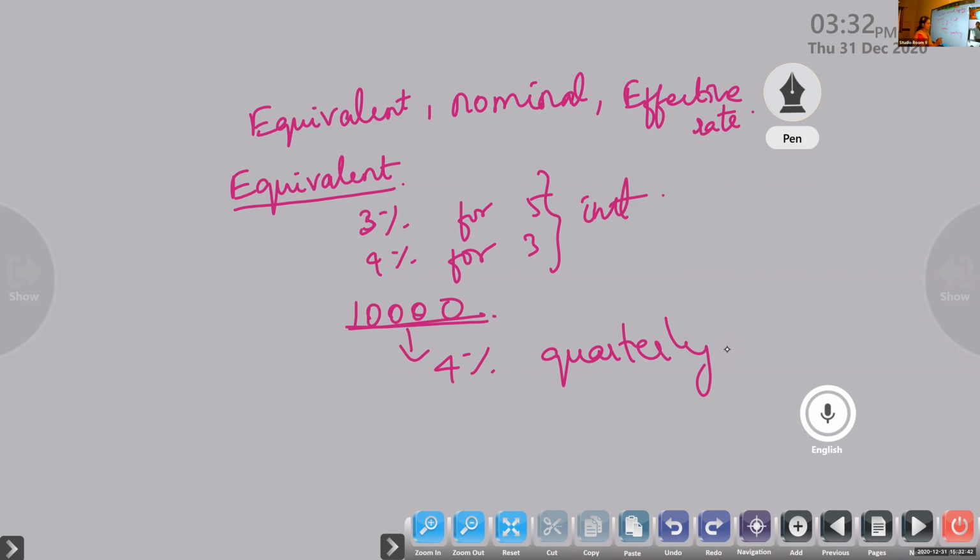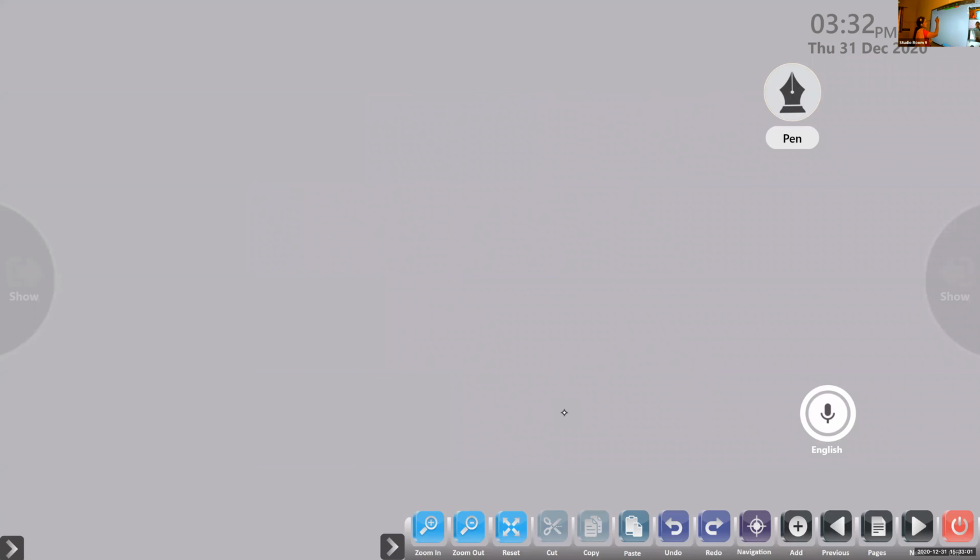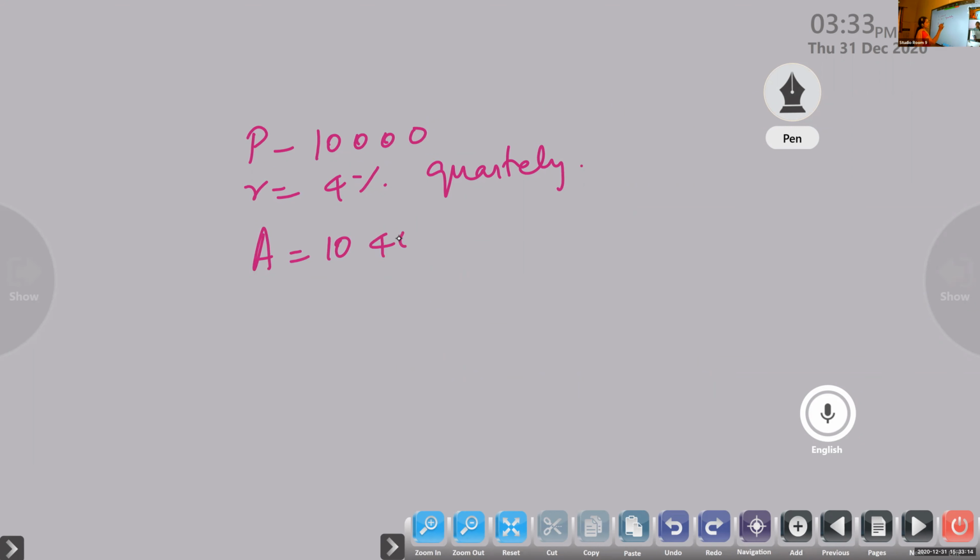So at the end of the year, I am getting an amount of rupees 10,406. Okay, is it clear? We are depositing 10,000 rupees at the rate of interest 4%, compounded quarterly, and finally at the end of the year, I am getting 10,406.